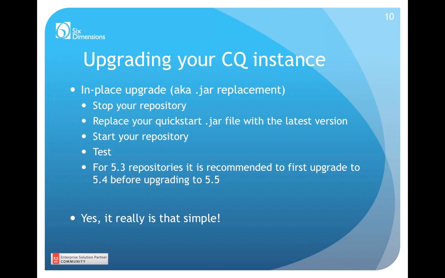And then also another strategy is to create a new installation. So just a brand new 5.5 install and migrate the content from the old repository to the new repository. And there actually are two different methodologies of migrating that content.